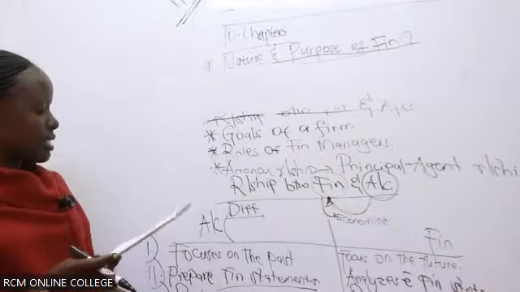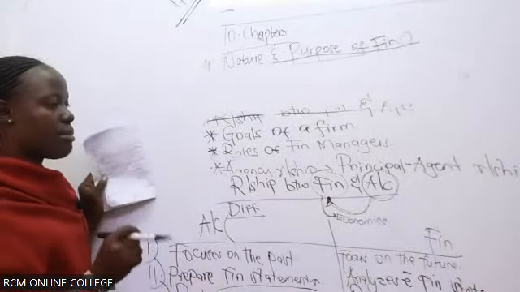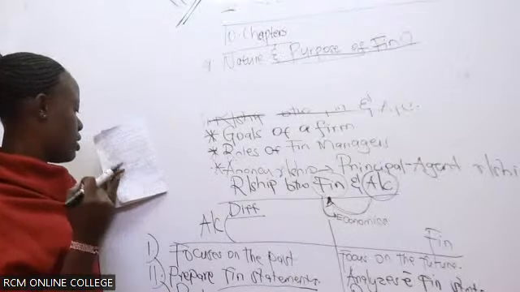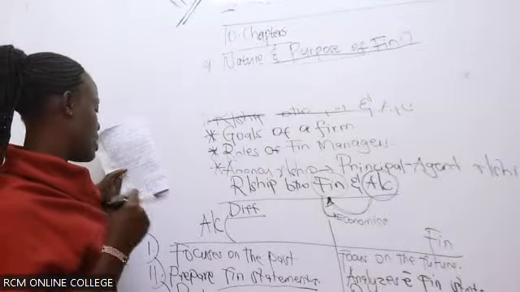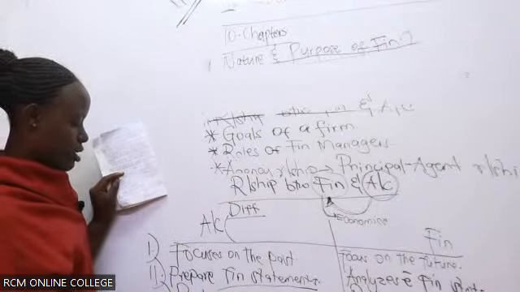We can also say that accounting is a method of recording. It's a method of keeping track of the transactions of a business.